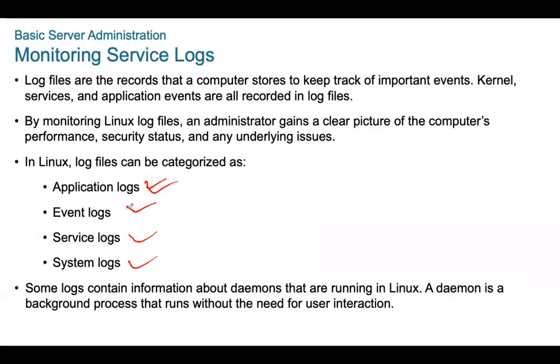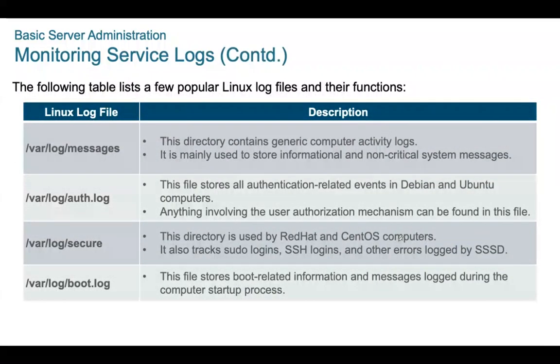And event logs show what kind of events were performed on that web application. That gives service logs and your system logs. Some logs contain information about the daemons running in Linux. A daemon is a background process that runs without the need of user interaction, right? So for monitoring service logs, I'll take only 2 minutes, and we'll finish.